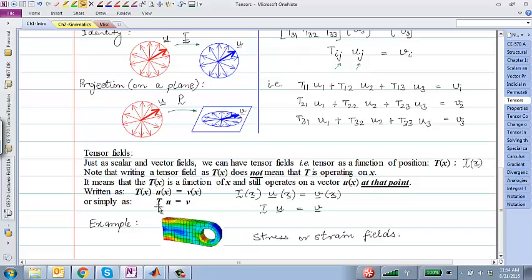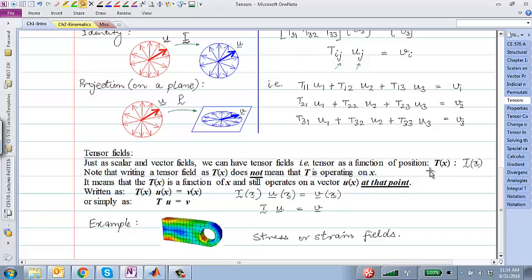So when we write T as a function of X, we are referring to a tensor field, as opposed to the tensor operation, which means that the tensor T acts on vector U to give me another vector V. More precisely, we should write it like this: the tensor T at a point X acts on a vector U at a point X to give me a vector V at a point X. We'll talk about these stress and strain fields in chapters 2 and 3 when we deal with deformations.